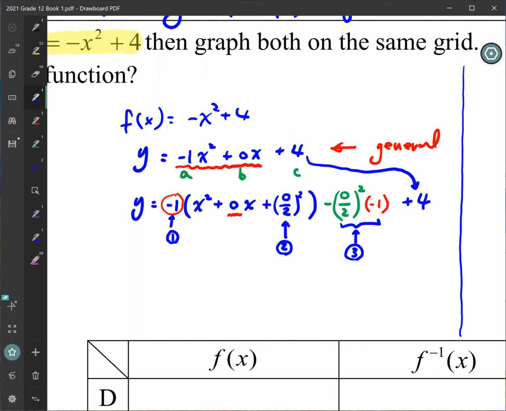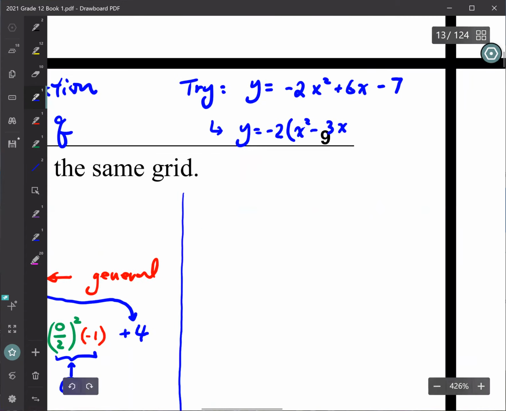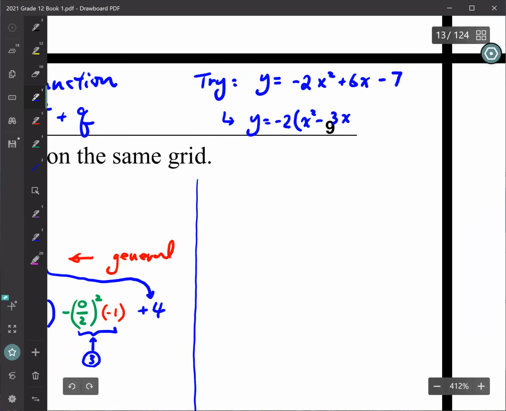You need to take the middle number, divide by 2. Okay, can you repeat that? Middle number, divide by 2. Yeah, okay, so look at the question. Which number is the middle number? -3. Yeah, very good. So -3 divided by 2, what's that?